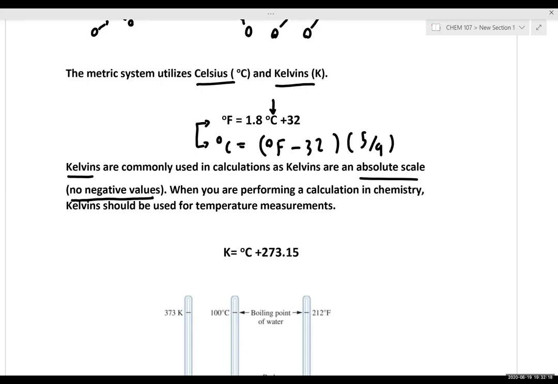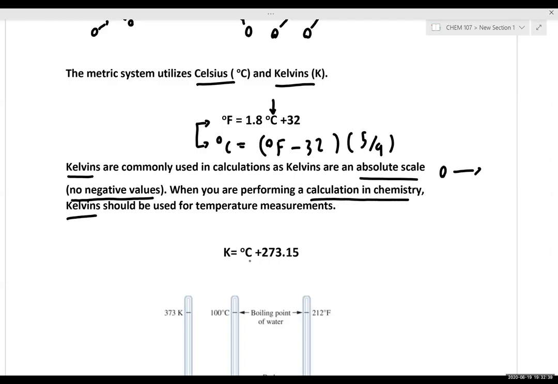So Kelvin is an absolute scale. It goes from 0 to very large numbers. Absolute scale, no negative numbers. When you're performing a calculation in chemistry, kelvins should overwhelmingly be used for your temperature measurements.